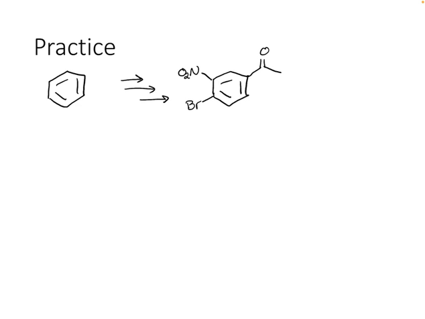And by that I mean, what order are we going to add these groups in? Do we add nitro first? Do we add the acyl group first? Or do we add bromine first? And then what do we add second? So typically what I do for these types of problems is I work backwards. I use retrosynthetic analysis. And let's just start by figuring out, okay, if I go one step back, what are my possibilities?